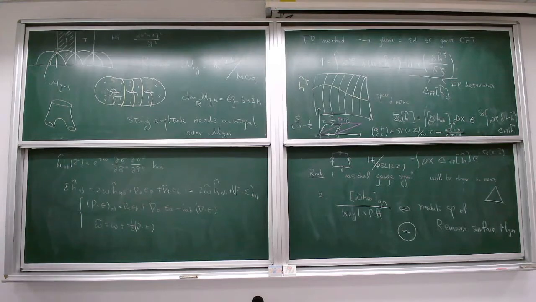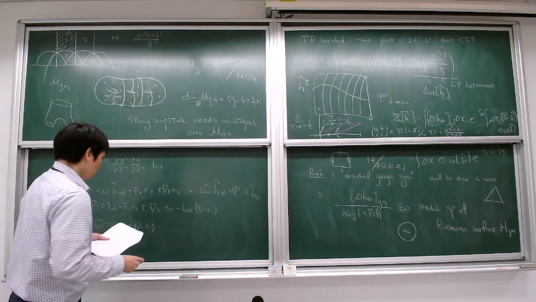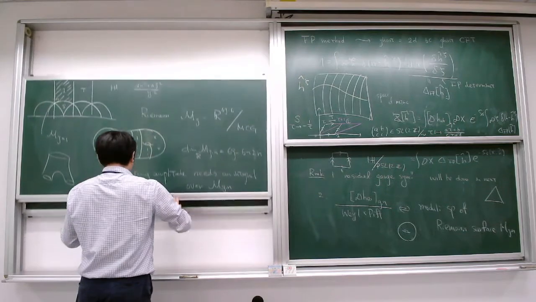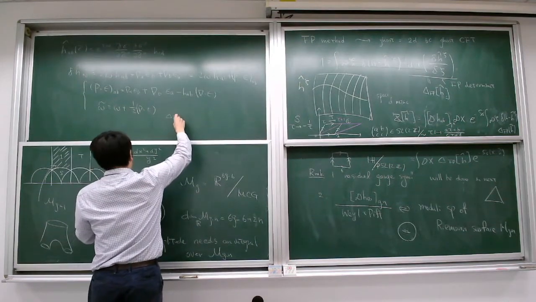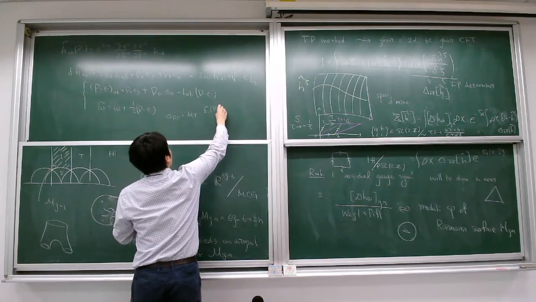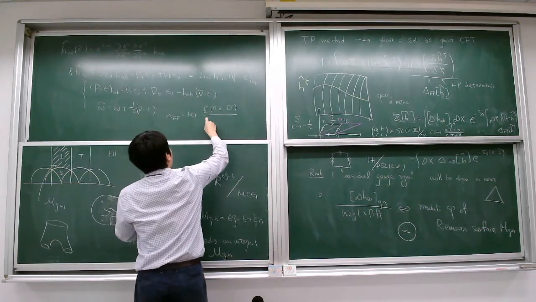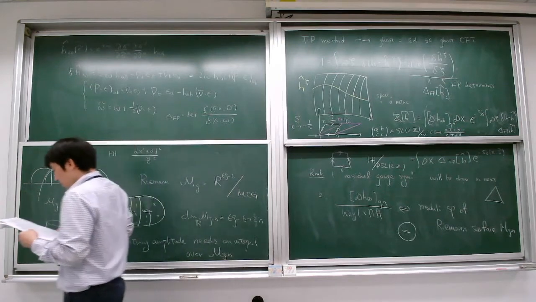So this is the explicit form of the infinitesimal version of the transformation, and for the important determinant, it is the determinant of delta P dot epsilon, omega tilde, divided by delta B omega. This is the determinant.